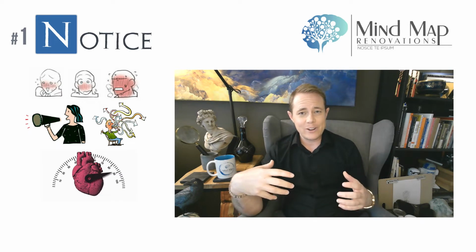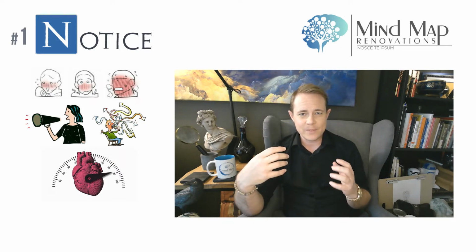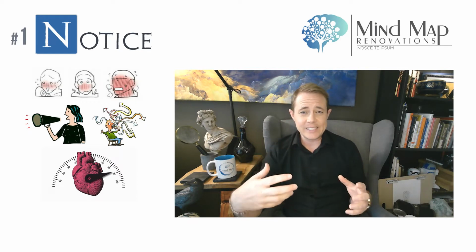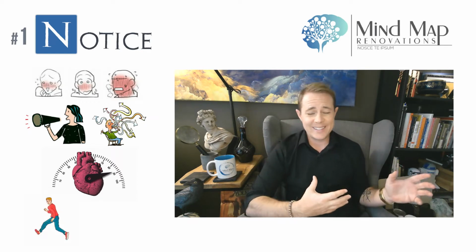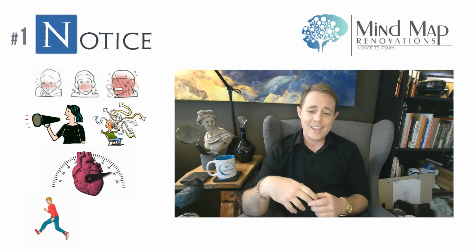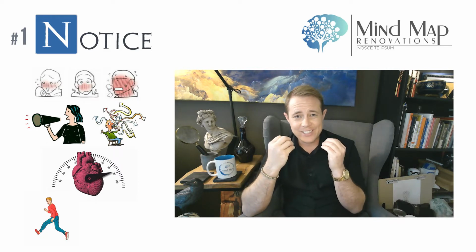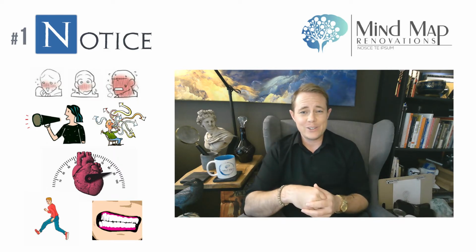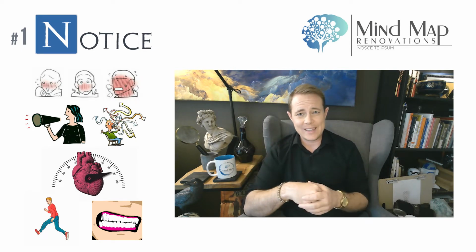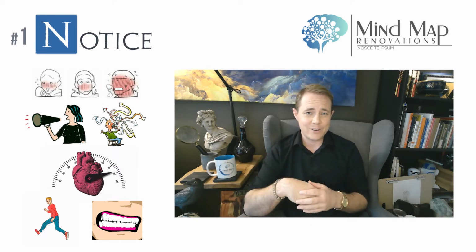Another indicator might be a racing heart. Your heartbeat just starts to really ratchet up, and that's something that you want to tune into. You may also feel a seriously strong desire to get away, to run away from whatever the situation is that has triggered you. And finally, this one is also definitely true for me, jaw clenching. That could be a trigger. That could be your subconscious trying to tell you that something is in your orbit that it is not liking and is triggering some sort of response out of you.